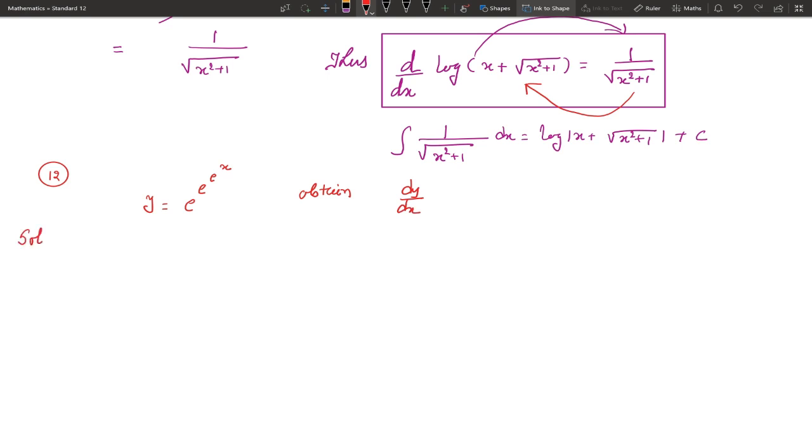So solution: dy by dx. So consider this one for our understanding.